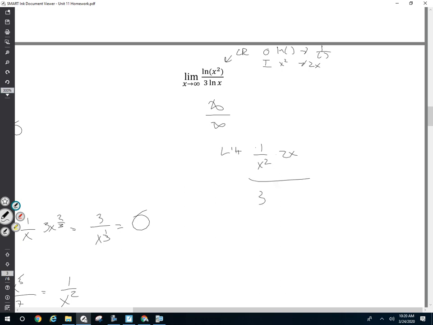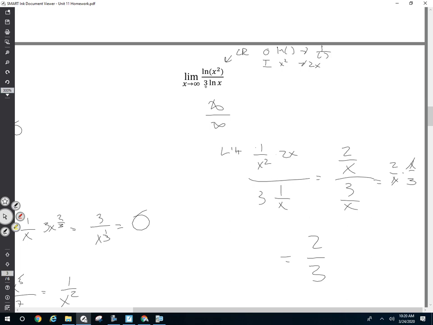That's divided by 3 times 1 over x, or 3 over x. 2x over x squared simplifies to be 2 over x. This is 3 over x. This can be simplified to be 2 over x times x over 3. These cancel. It turns out my answer to this is 2/3. So it ends up having to do something with this exponent as well as the constant in front. It's kind of how logs undo exponents. That's kind of one way to think about why the 2 has to come into play, which is really interesting.